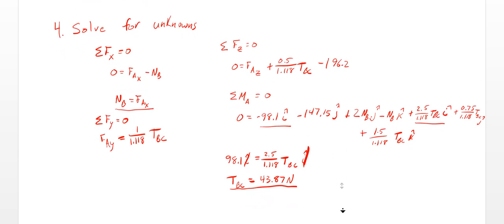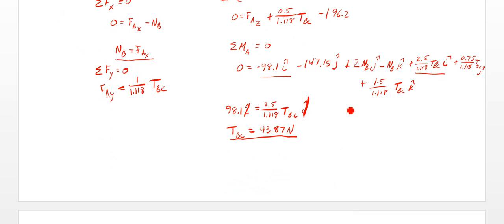The next one, let's see how much room do I have at the bottom here. So in the J direction, what do we have? We have negative 147.15 plus 2 NB. I'm going to substitute my FAX here. And then we had plus 0.75 over 1.118 tension BC, and that all equals 0.